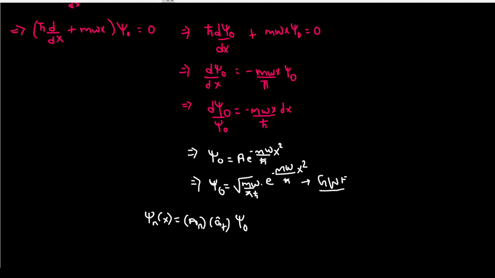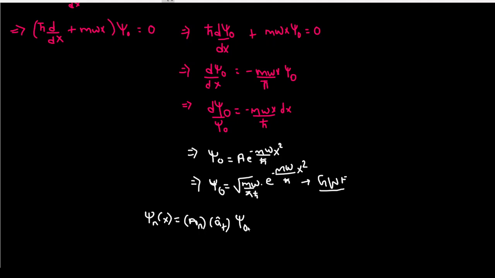That's why I have written here a cap plus, which is the raising operator. It increases your energy, which means your wave functions. So this is the general formula for finding the wave functions for any arbitrary n, finally multiplying it by the psi naught.